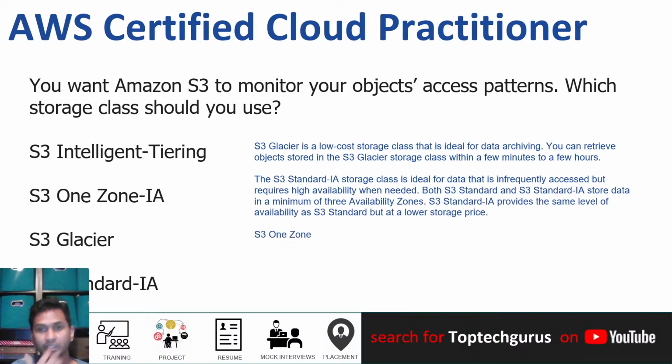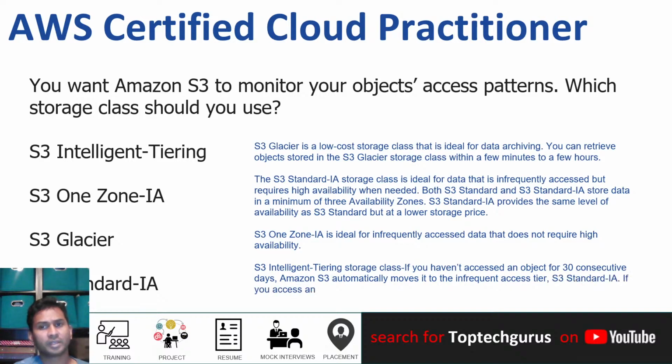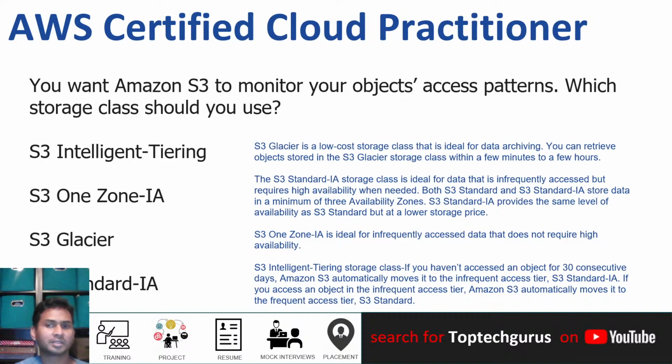S3 standard IA storage is for infrequently accessed data, which you need, but it's stored in multiple availability zones so that you don't lose access to your data for any reason like a disaster or something like that. One zone IA is for infrequent access data, but you don't really need high availability. You're okay to live without the data for some time whenever there's a disaster.